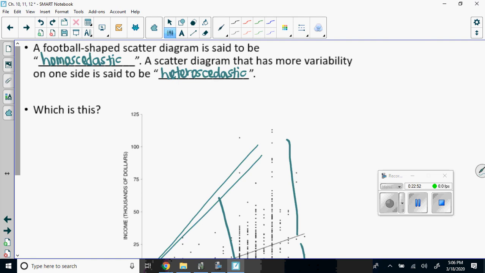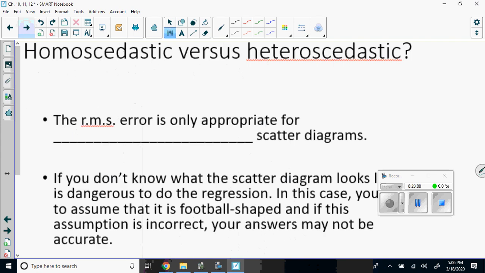This one is heteroscedastic. RMS error is only appropriate for homoscedastic. If you don't know whether the scatter diagram is football shaped, you should probably do more research before you do your regression line, residuals, and RMS error.